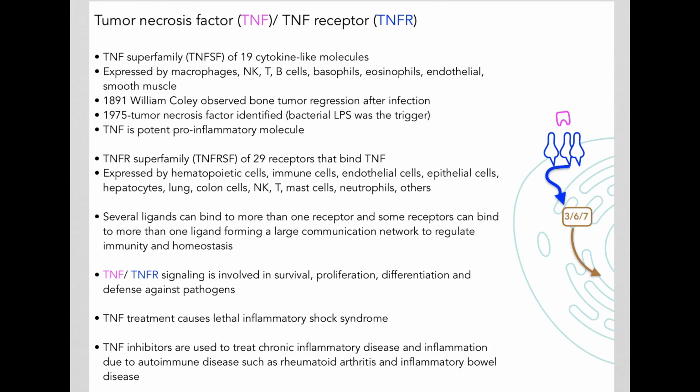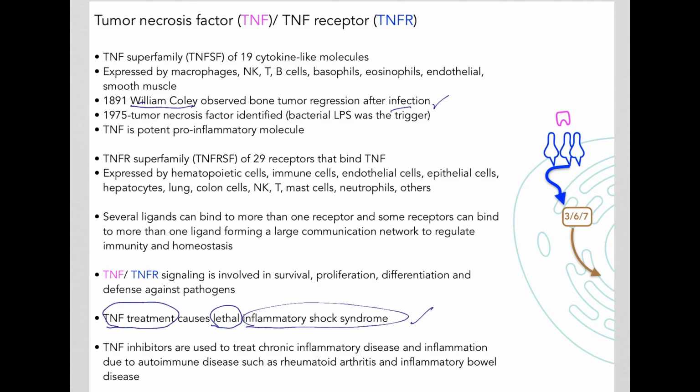Well, of course, scientists were very excited that William Coley observed that cancers can regress after an infection, and TNF was the chemical responsible for it. So, of course, logically, what scientists did, they treated animals with TNF. However, there was a serious problem. TNF is a very powerful inflammatory chemical, and injection of TNF can lead to a very deadly inflammatory shock syndrome.